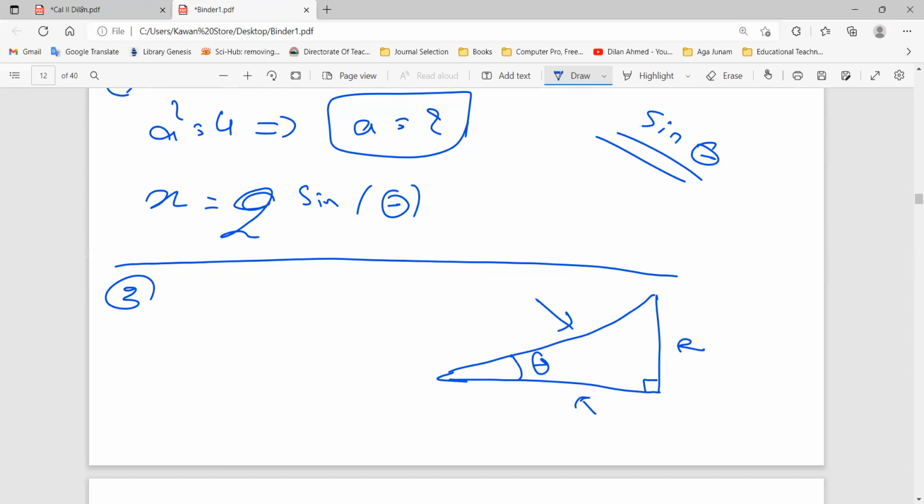So from the first, I say x is equal to 2 sine of theta. So sine of theta is equal to what? x over 2. And sine is equal to what?